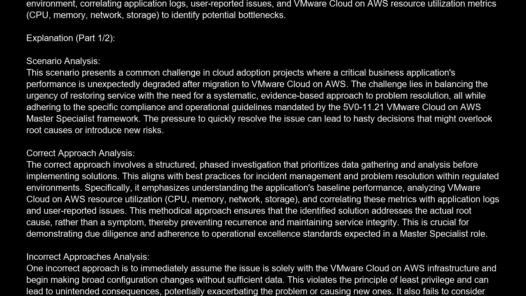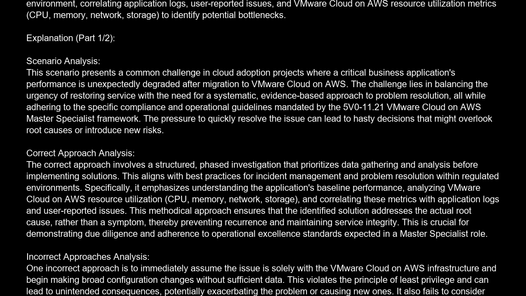This methodical approach ensures that the identified solution addresses the actual root cause, rather than a symptom, thereby preventing recurrence and maintaining service integrity. This is crucial for demonstrating due diligence and adherence to operational excellence standards expected in a master specialist role.